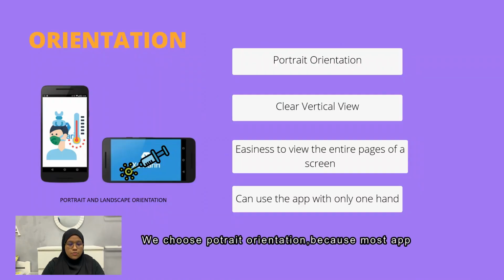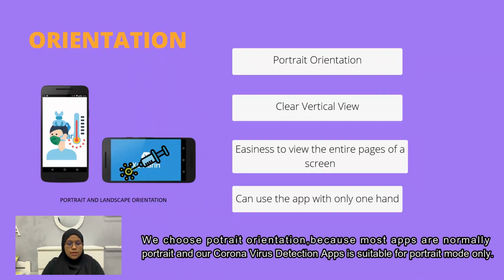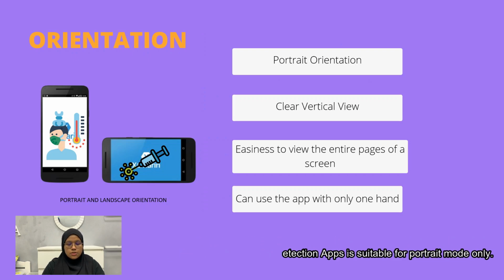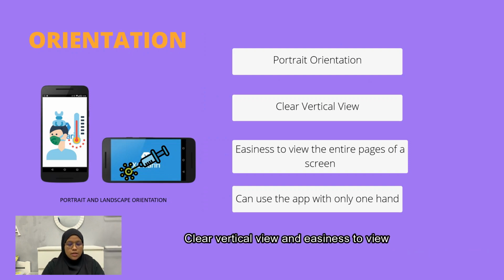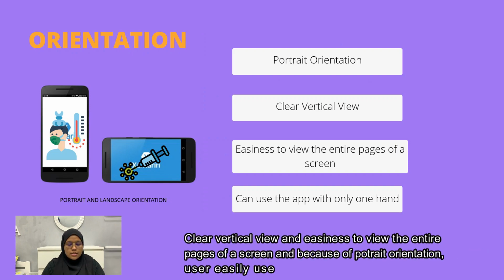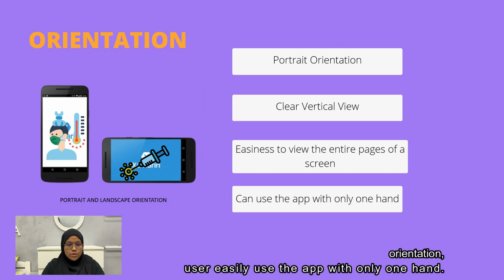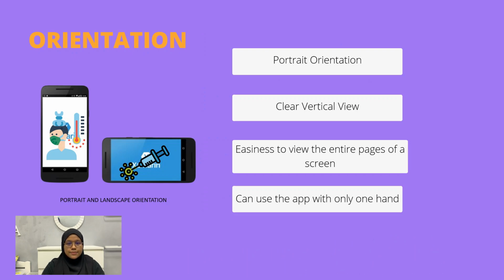For orientation, we choose portrait orientation because most apps are normally portrait and our coronavirus detection apps is suitable for portrait mode only. Clear vertical view and easy image of a screen, and because of the portrait orientation, users can easily use the app with only one hand.